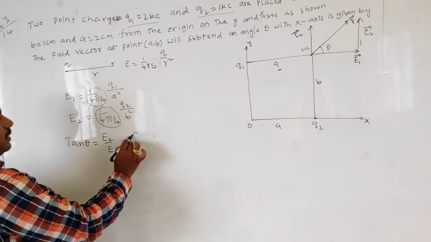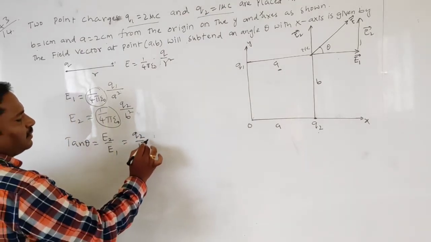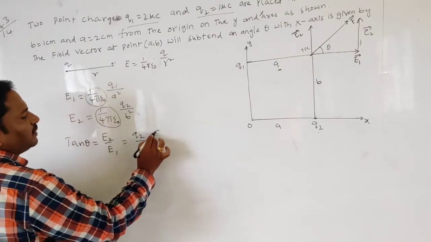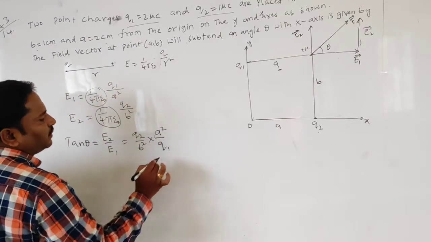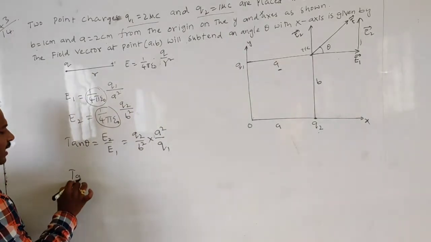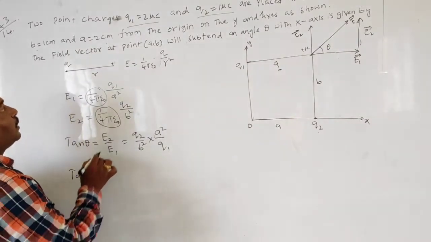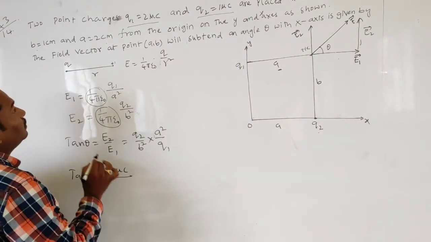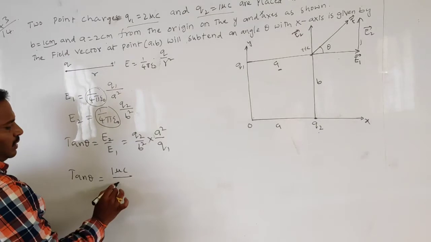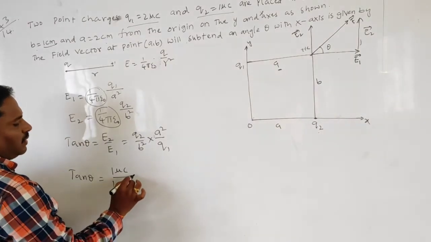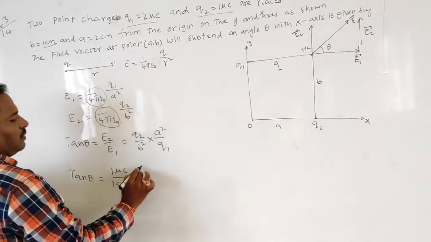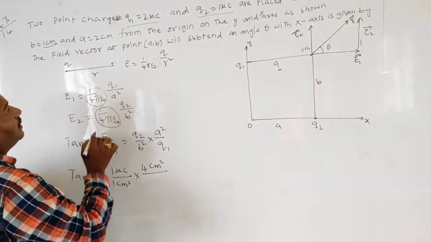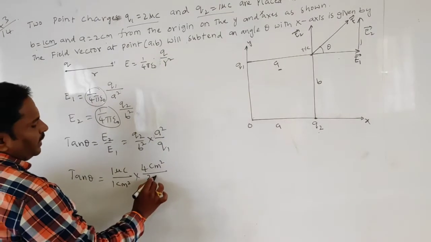E2 means Q2 by B square and E1 means Q1 by A square, so tan theta equals Q2 by B square into A square by Q1, that is 1 microcoulomb by B square into 4 centimeter square by 2 microcoulombs.